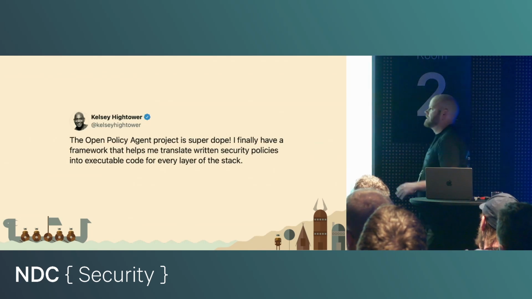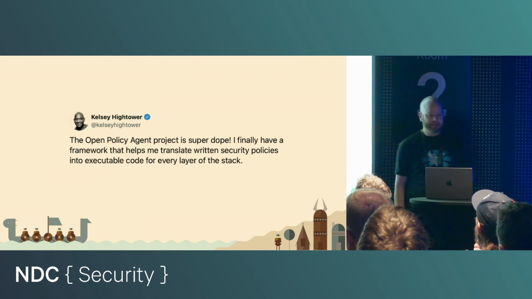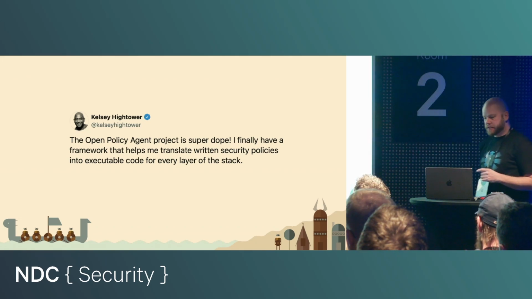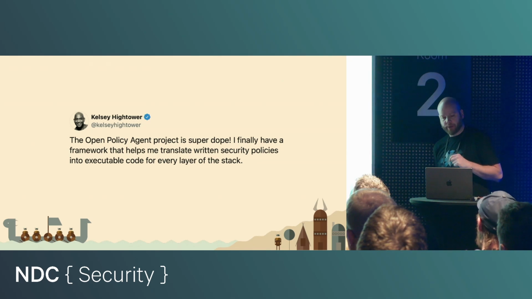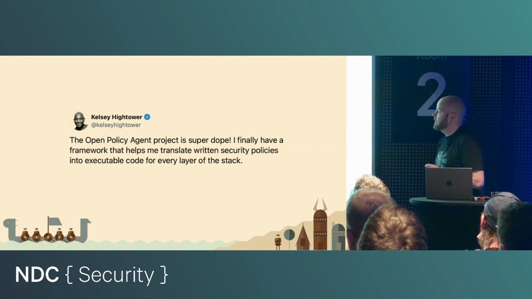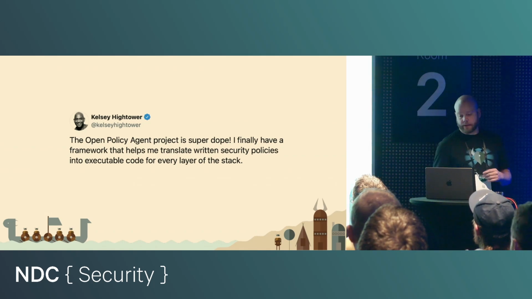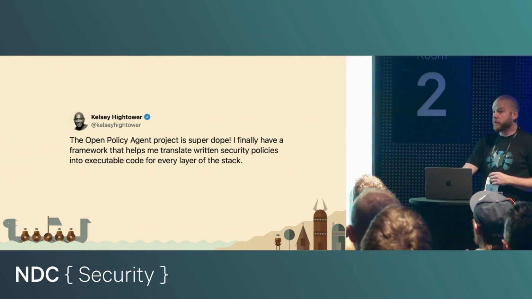To summarize the project, in the tweet from Kelsey Hightower: the Open Policy Agent project is super dope. I finally have a framework that helps me translate written security policies into executable code for every layer of the stack. That's basically what we're all about.